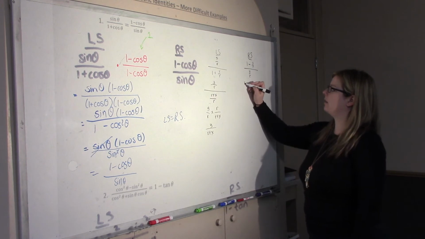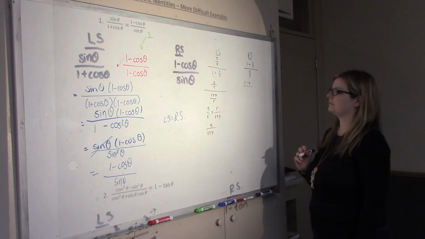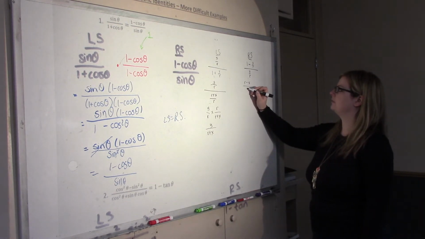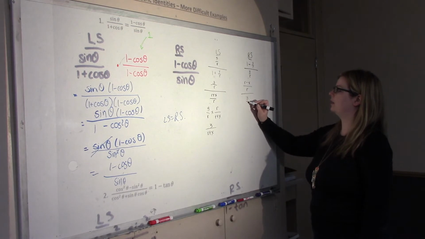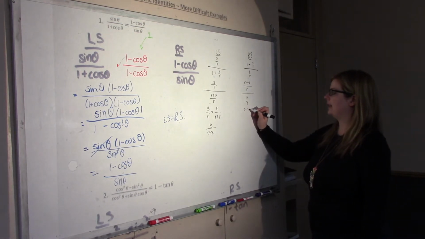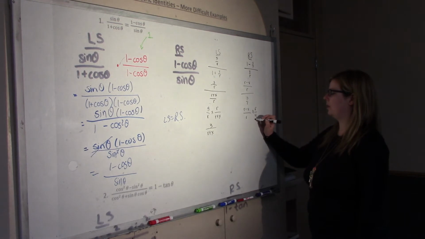Here I would have r minus x over y over r. Okay? And then I would have r minus x over r times r over y.